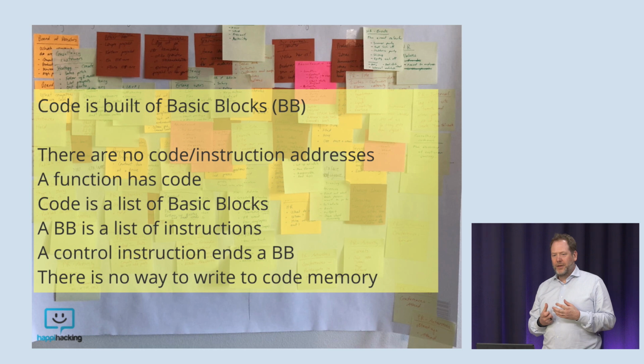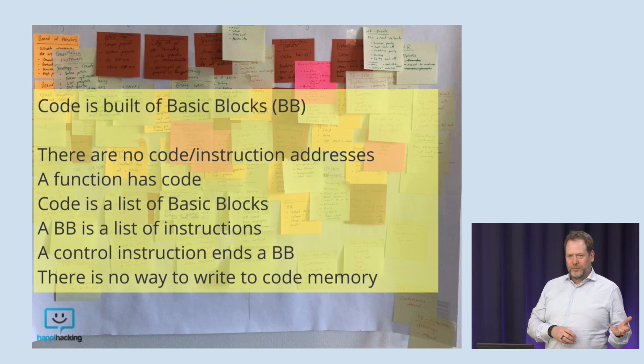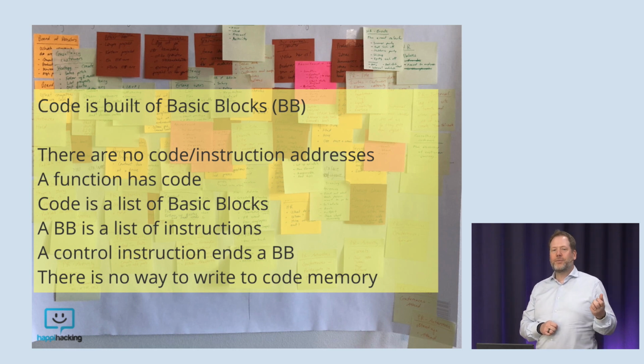And the code is built of basic blocks, so there are no instruction addresses in the machine. It's only sequences of instructions within basic blocks. A function has code, and code is a list of basic blocks, and a basic block is a list of instructions.